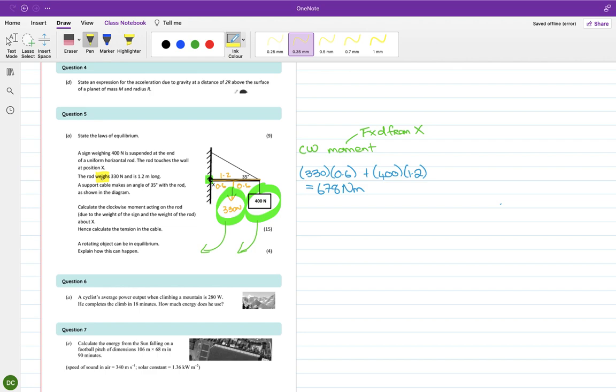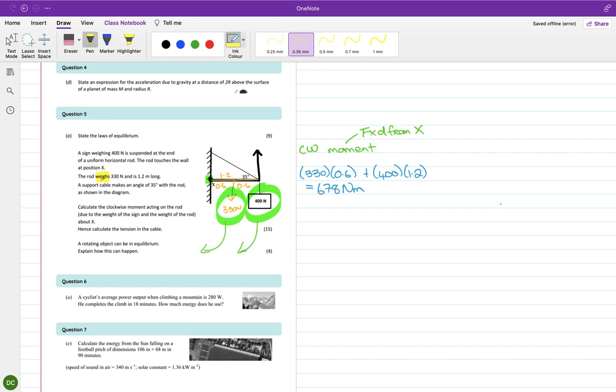Okay, so, right, now we need the upward force and we don't have the forces. Okay, so basically, if it's in equilibrium, then the overall upward, or not upward, what's the word?